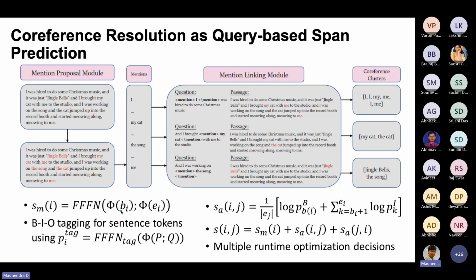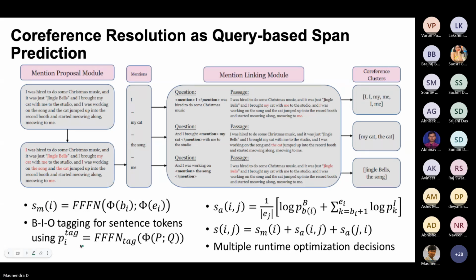Since we have the contextual embedding for the begin and the end token, and we were also having the attention-based representation for the entire span, some information is already captured inside that attention. So do we really need to have both of them? Here they have just used the first and the last tokens' embeddings, and they are contextual embeddings, so in some ways they are getting the information from the surrounding tokens also. And they pass this through a neural network to get the mention score for that.